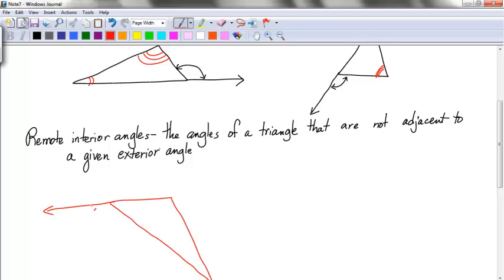Then this one would be the exterior angle. Say this is angle 1, this is angle 2, and this is angle 3. Angles 3 and 2 would be the remote interior angles. They're inside, but they're not adjacent to this one. This would be the one adjacent to it. So it's the remote ones.